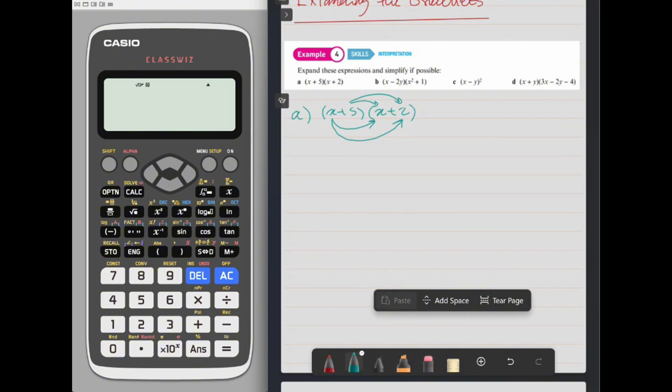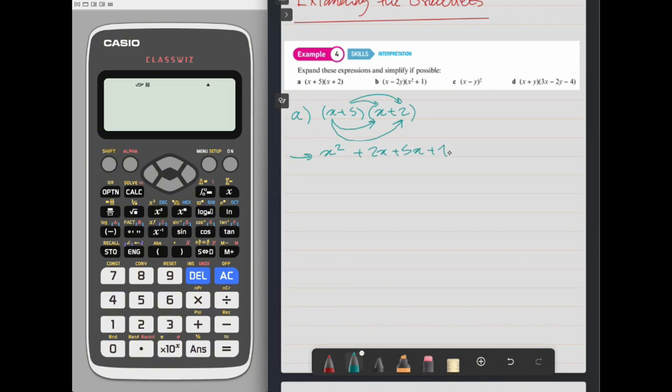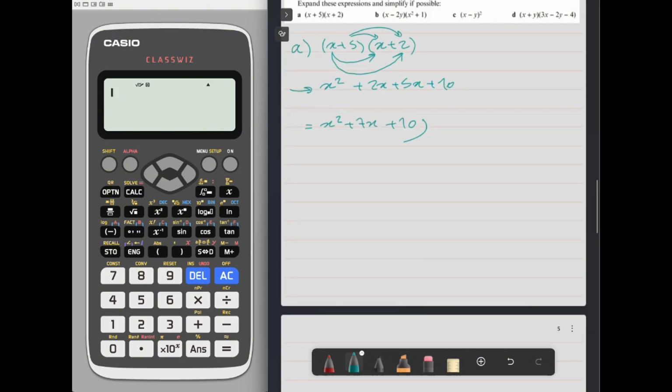I'm going to write them right here: x squared plus 2x plus 5x plus 10. It can be simplified, of course: x squared plus 7x plus 10.